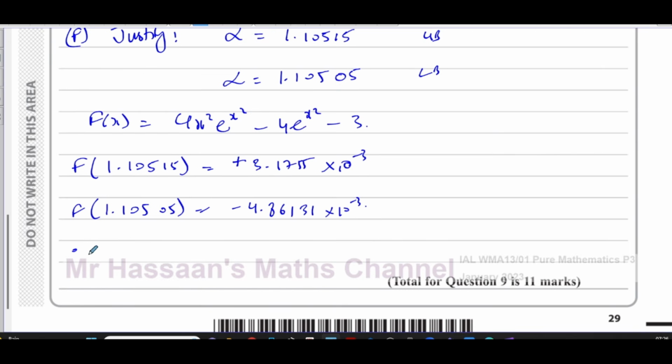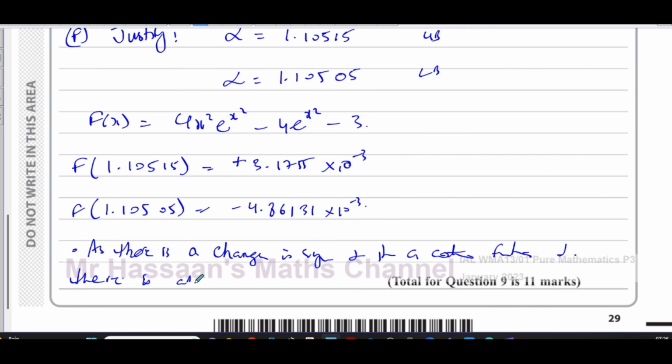Okay, so then we would say as there is a change in sign, and it is a continuous function, therefore there is a root in the interval between 1.10515 and 1.10505, somewhere between those two.